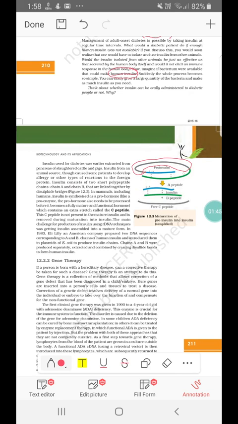Now, when this is processed in the human body, it will form A peptide, that is A chain, and B peptide, that is B chain. These two polypeptide chains of insulin are joined by disulfide bridges, and the free C-peptide is released. So this is the active insulin.